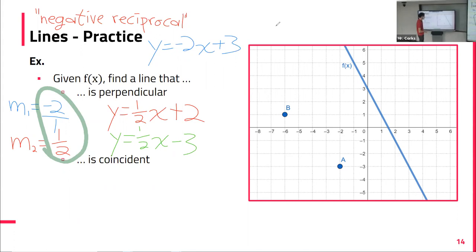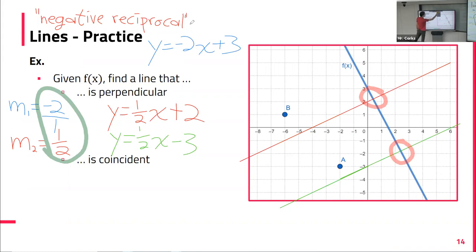So if we draw these lines, second one would look like that, and first one would look like that. So if it doesn't look perfectly perpendicular, then that's just because of my drawing. But that looks pretty close to 90 degrees, if not exactly 90 degrees. So there we can see the perpendicular relationship between the two.